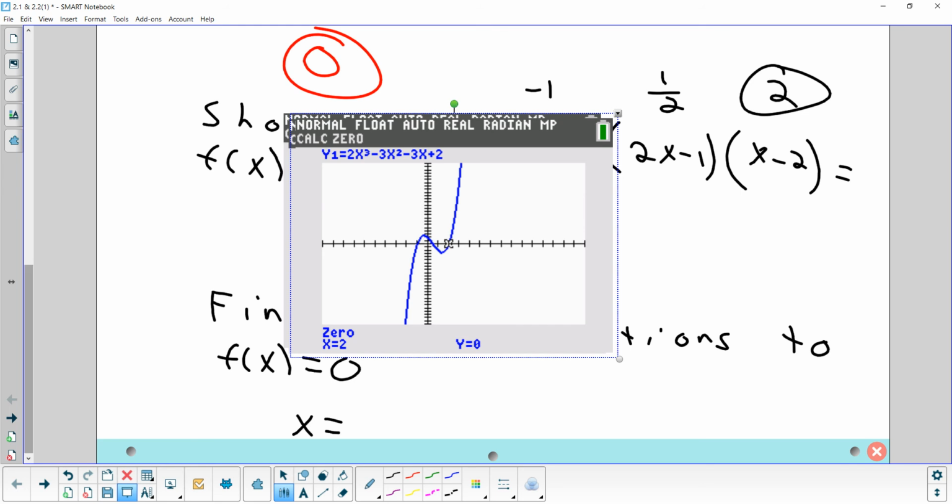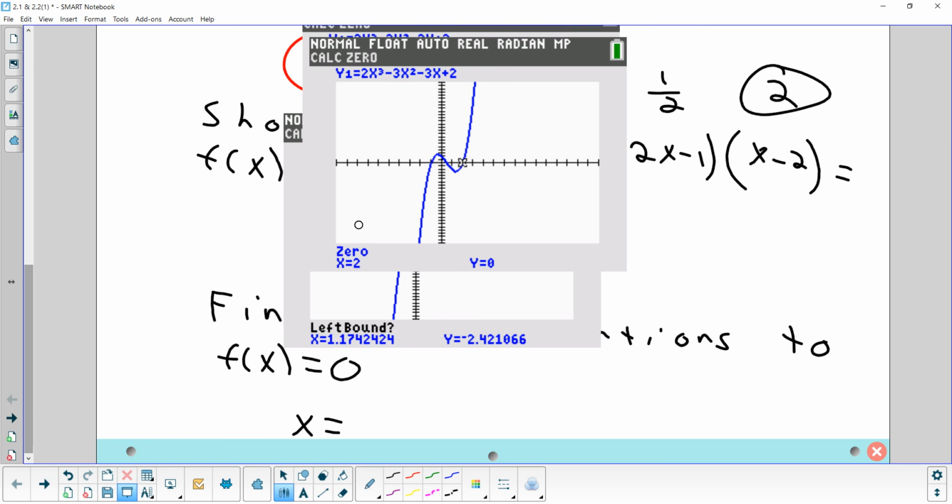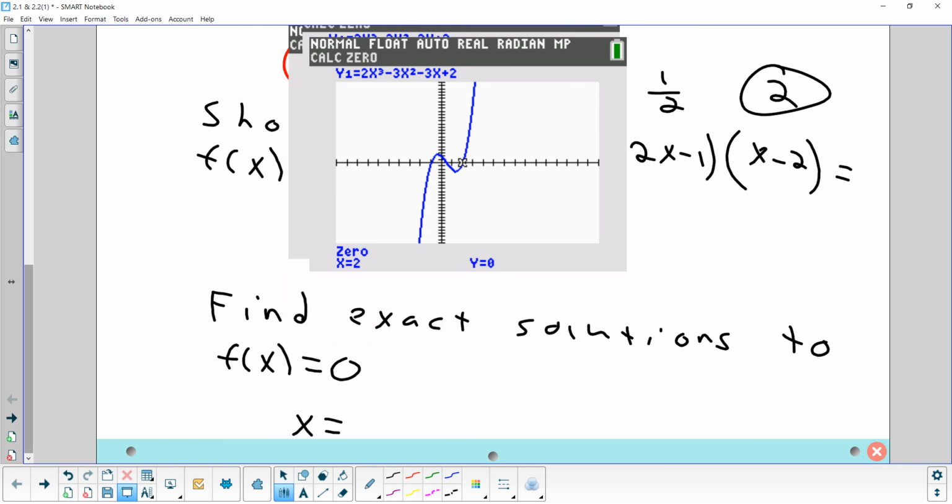Right, so let's answer the question. When they ask us something, you have to make sure we're answering it the way they want. It doesn't say here, write the coordinates of the x-intercepts. It says, find the values of x that make the equation equal to 0. So the answers here are not coordinates.